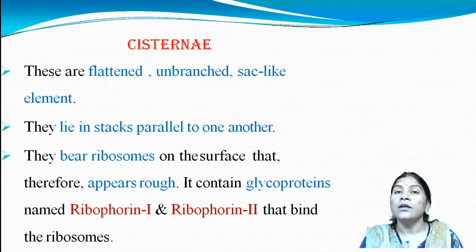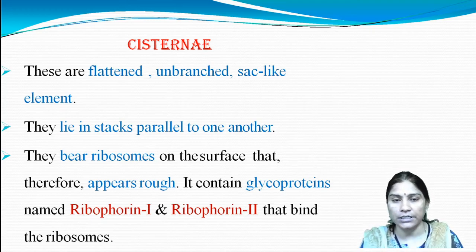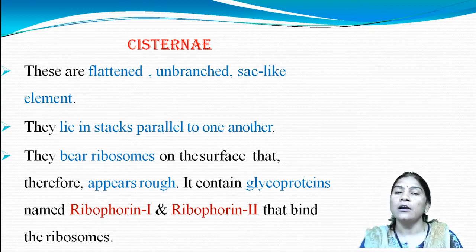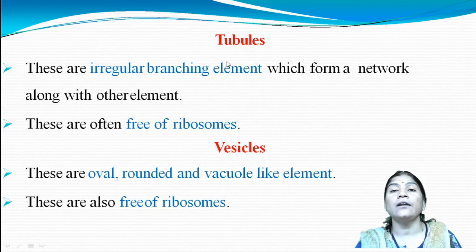For example, glycoproteins are always present on the cisternae, like ribophorin 1 and ribophorin 2, which always bind to the ribosomes. The next element of the endoplasmic reticulum is the tubules.